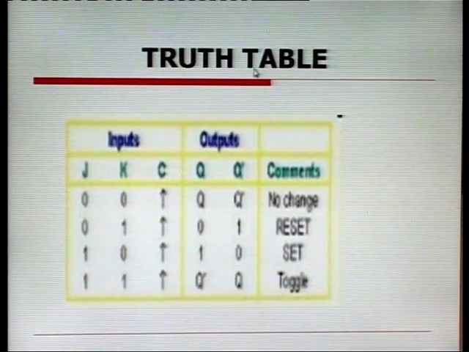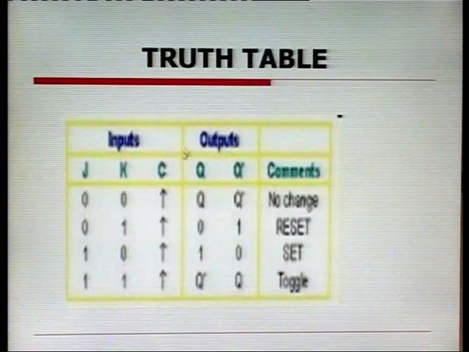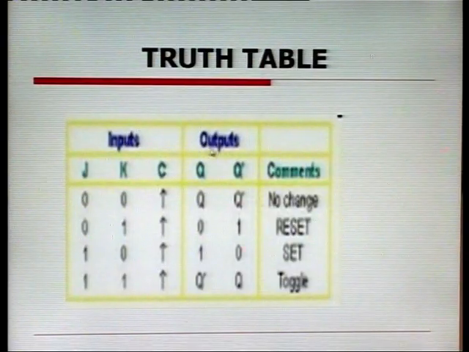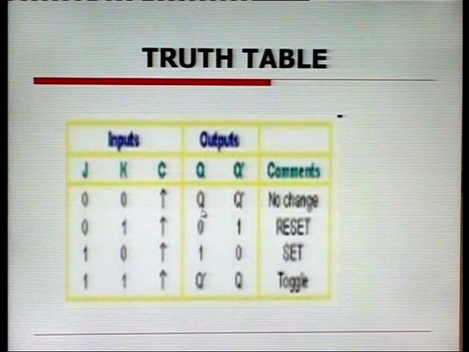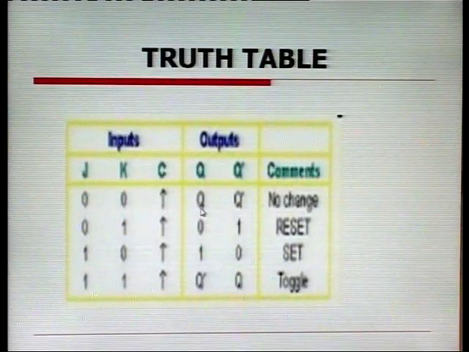If we see the truth table of this JK flip flop, we will see that when both inputs are 0 and there is a clock signal, the output stays in its last state. If Q is equal to 1, that is, if the flip flop is set, it remains set.